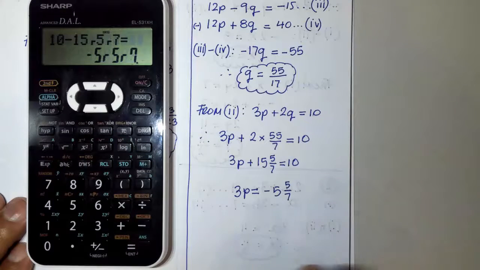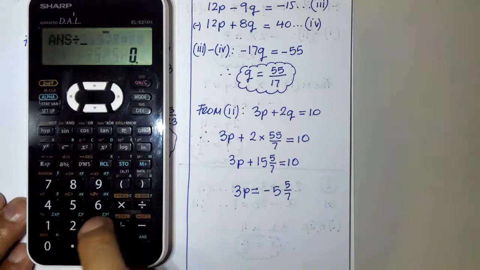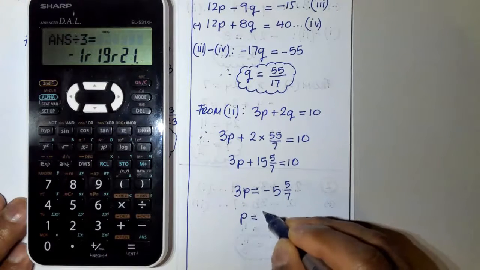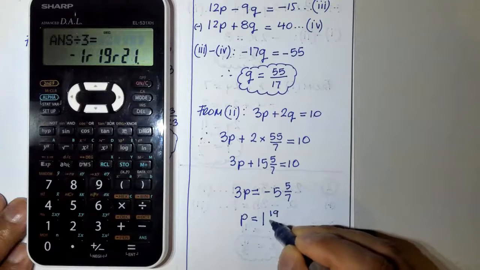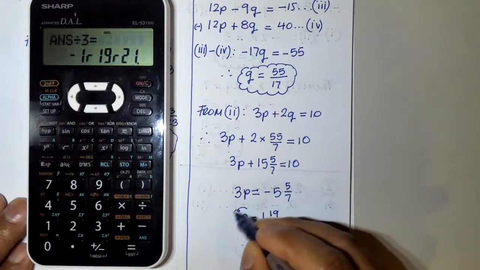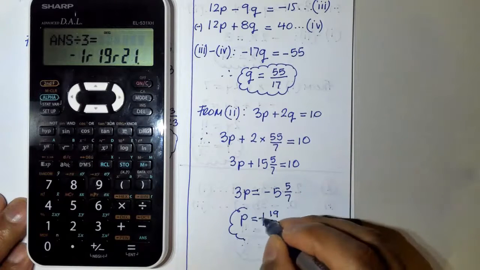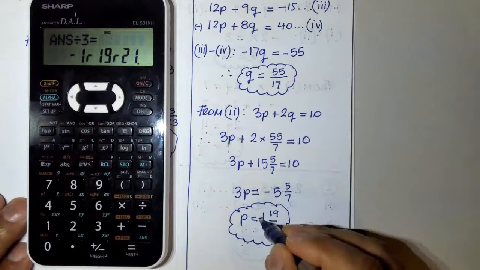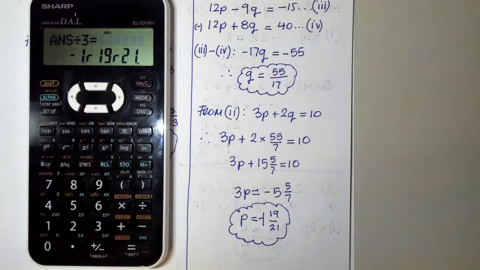And then we need to divide this number by 3. So divide by 3, p equals negative 1 and 19 over 21. Okay, so this is negative 1 and 19 over 21.